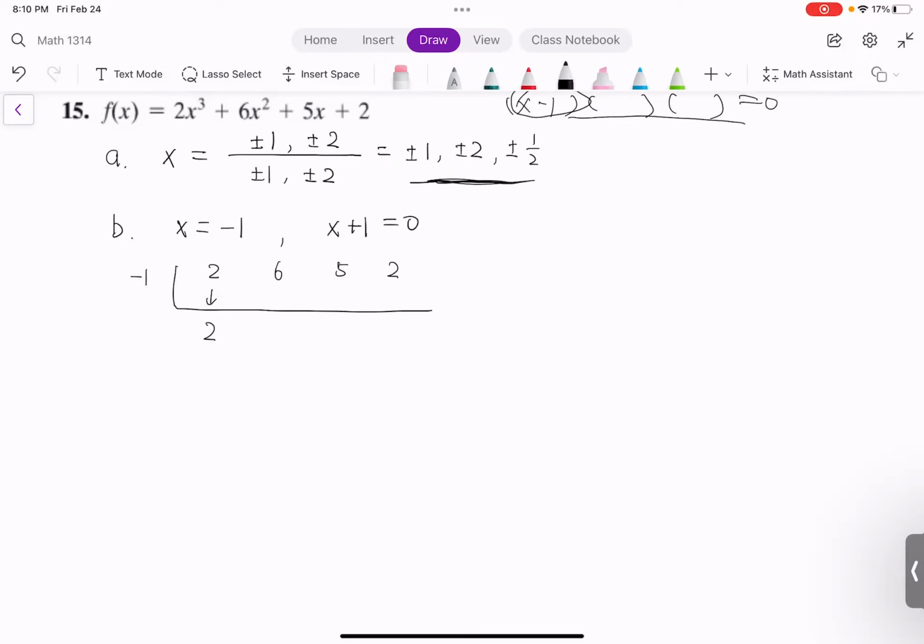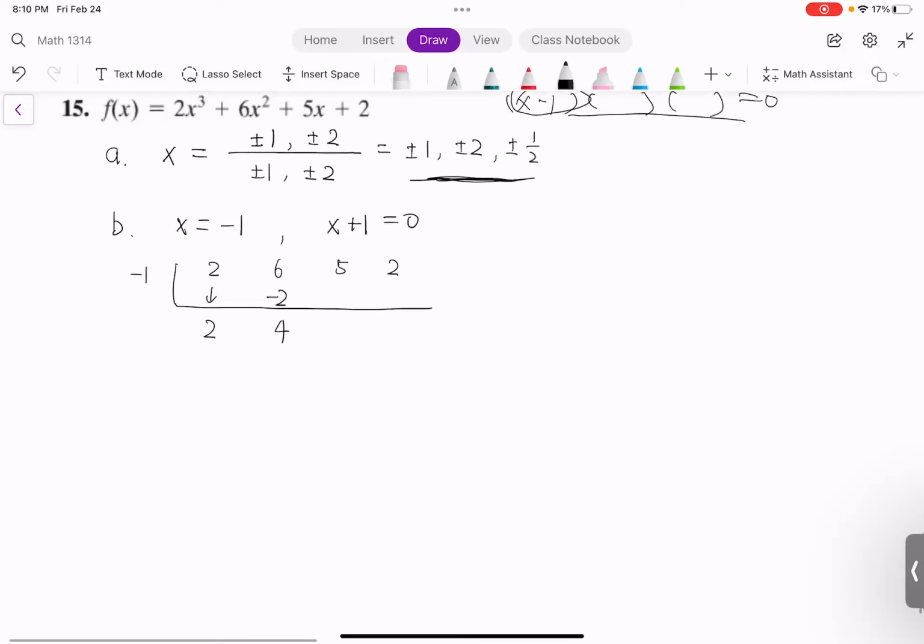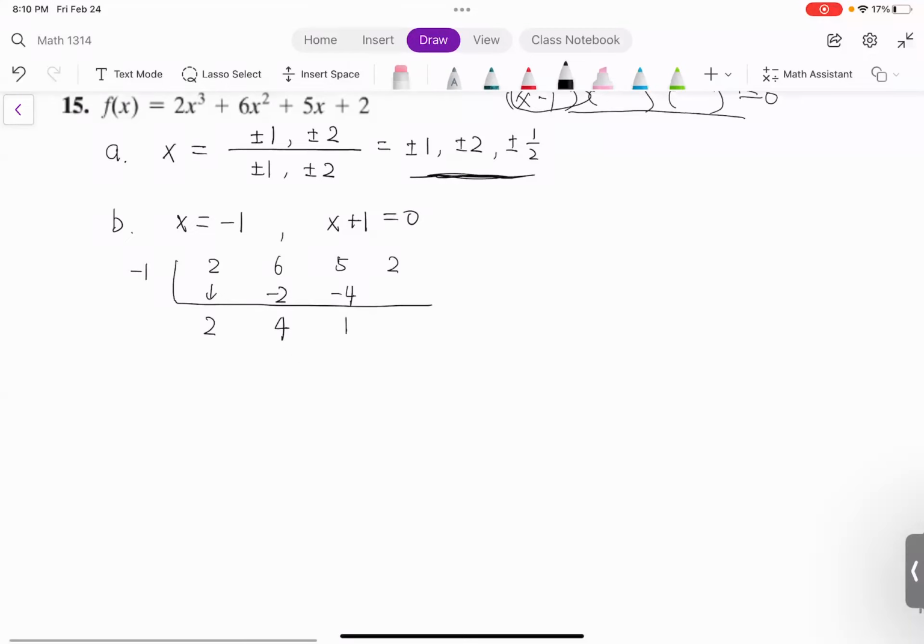Do the multiplication, we have -2. 6 plus -2, positive 4. -1 times 4 is -4. 5 plus -4 is 1. -1 times 1 is -1. 2 plus -1 is 1. Oh, we cannot make a 0 here. That means x equals -1 is not a 0 of the function f.